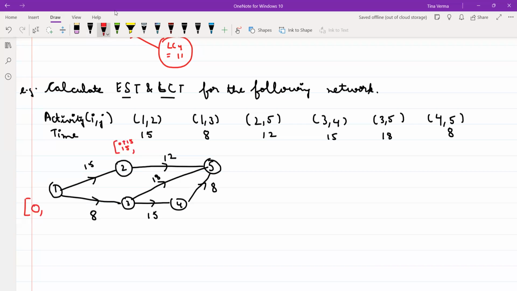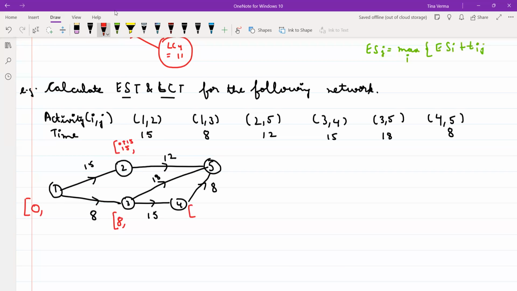This is what is written: earliest starting time, ESI plus TIJ. That means how do you calculate the earliest starting time of the jth activity? The maximum of ESI plus TIJ, and you are varying your I. Is it clear? Now for activity 3, the earliest starting time will be 0 plus 8. It will be 8. Is it clear?